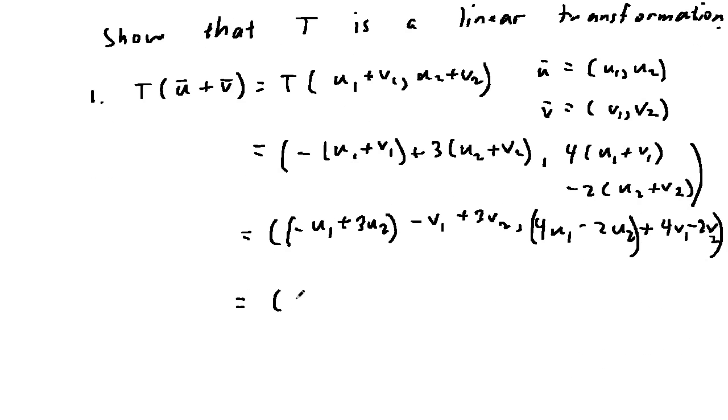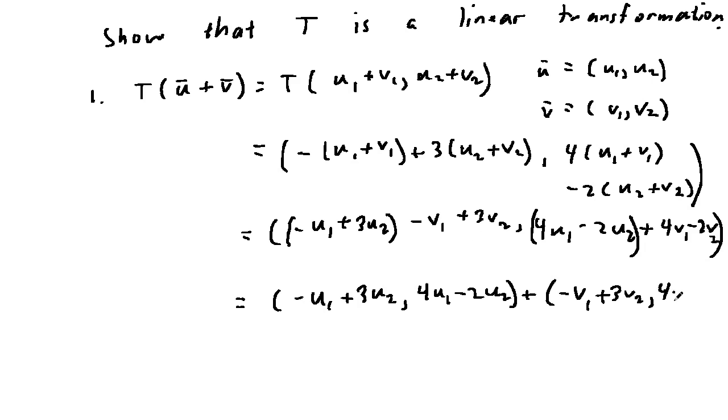So we get this vector plus this vector. If we look at this part as a unit, and this part here, we get this.